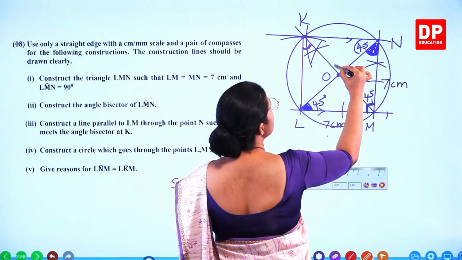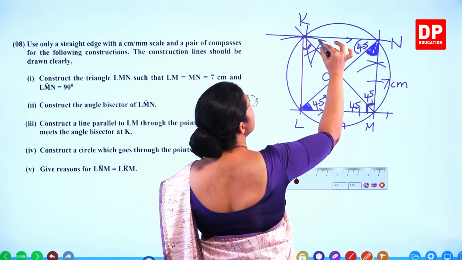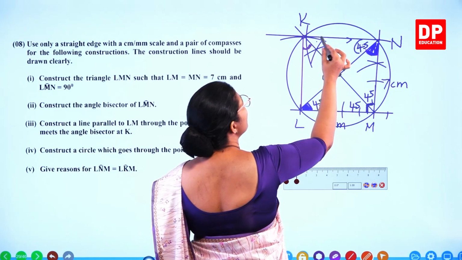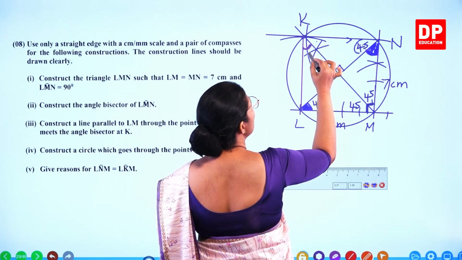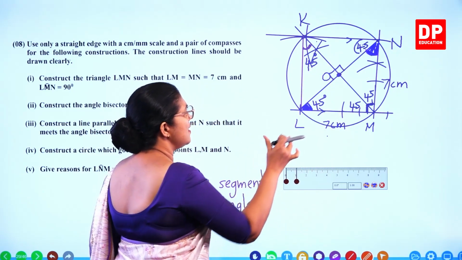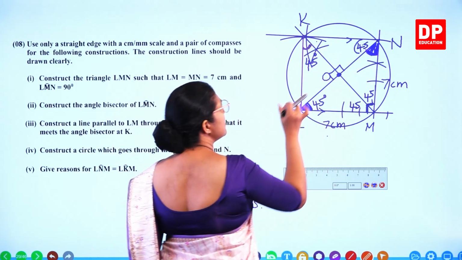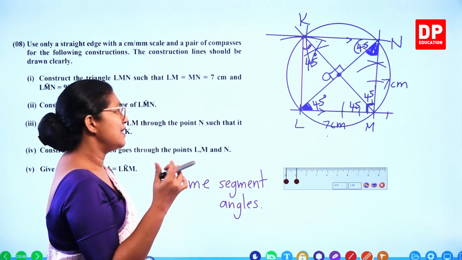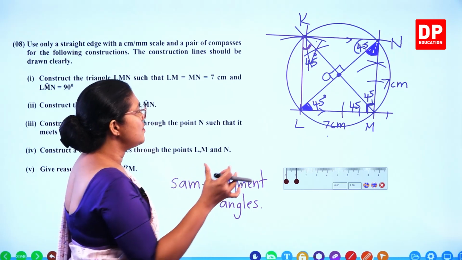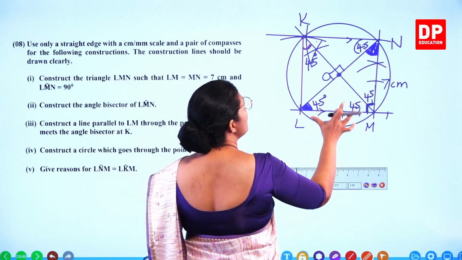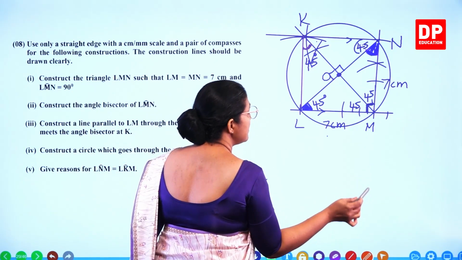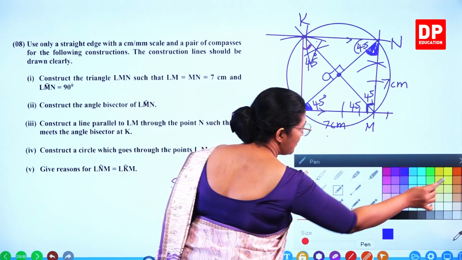So here you can say this is 90 again. This is 45. Using the angles, you can find out this is also 45 here. If you are not seeing these are same segment angles, from calculating the angles, you can get the same value. But the easiest way to do this is you should be able to see these are two angles in the same segment.